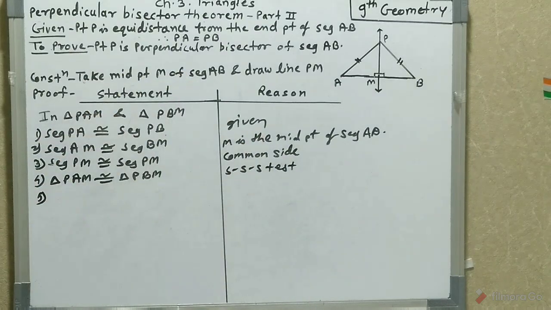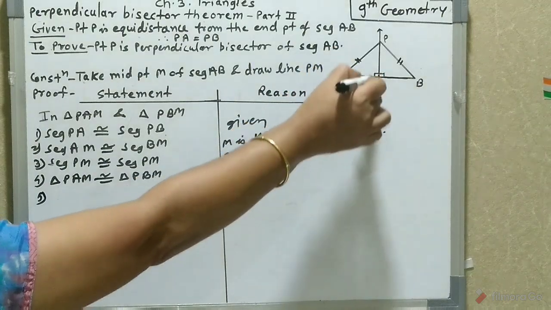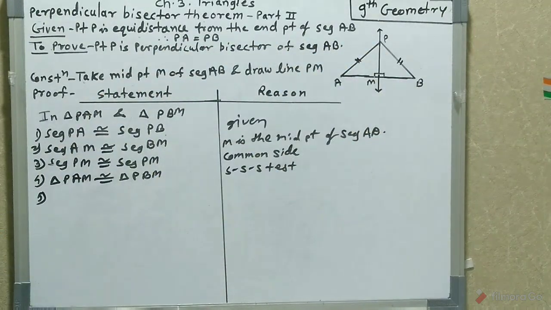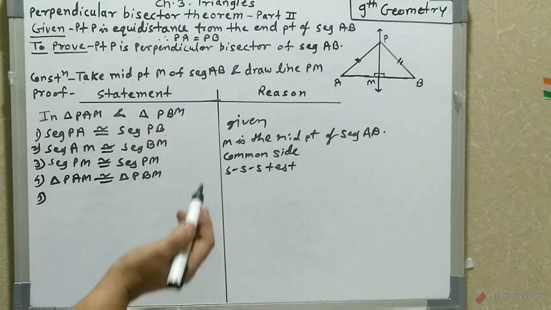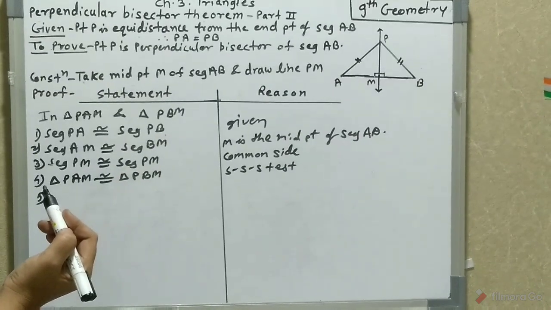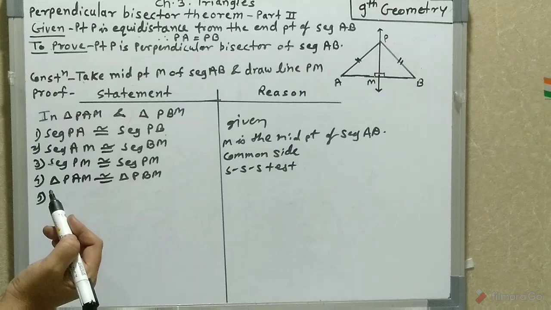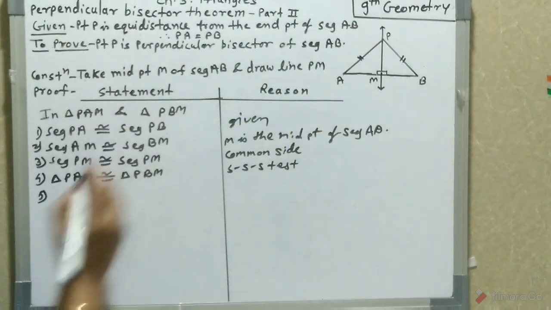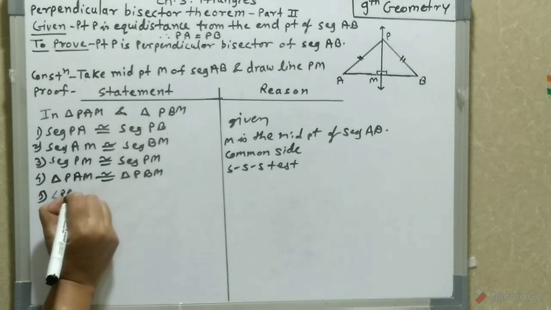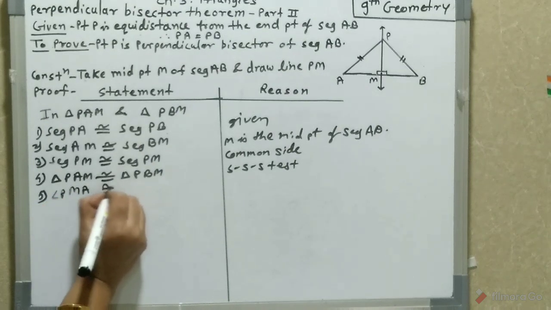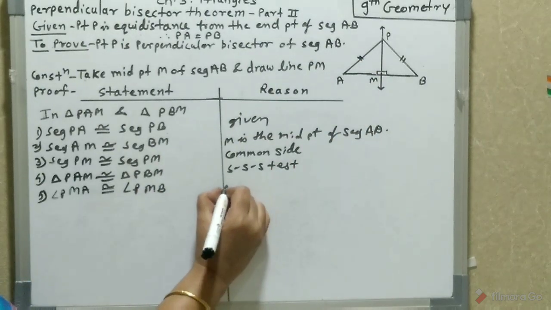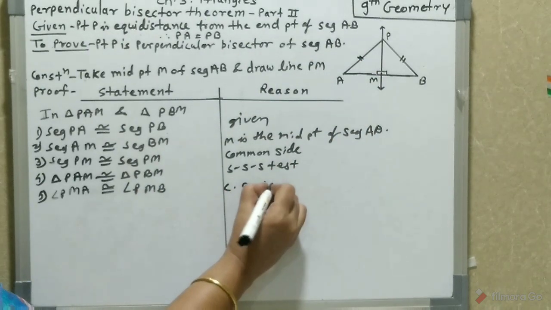Now what is the remaining part? That is in this, PMA and PMB. This is the perpendicular bisector. So these angles are congruent. So remaining angle, that is angle PMA congruent to angle PMB. This angle is corresponding angle of congruent triangles.